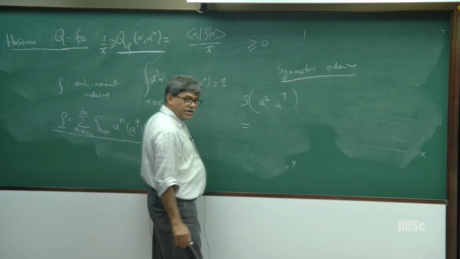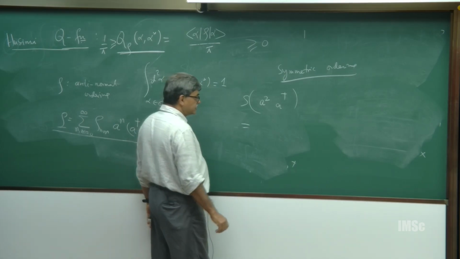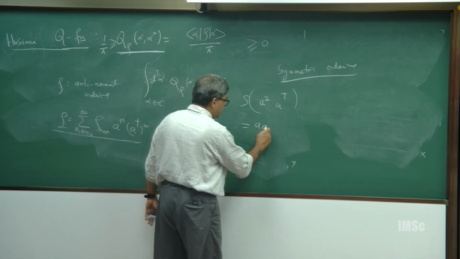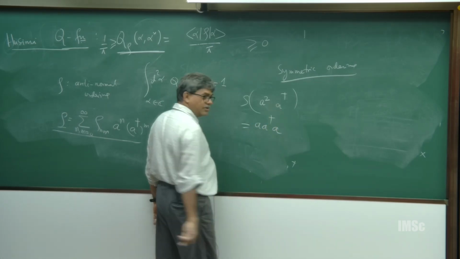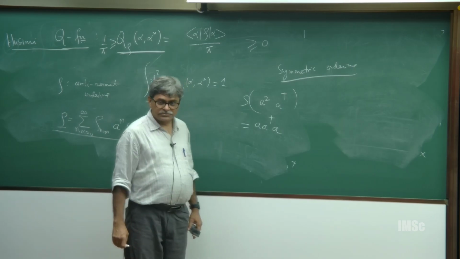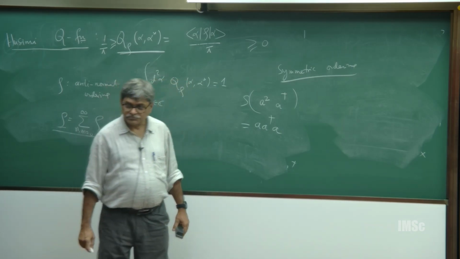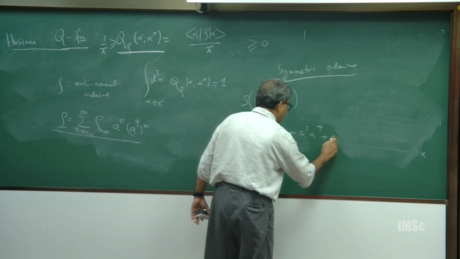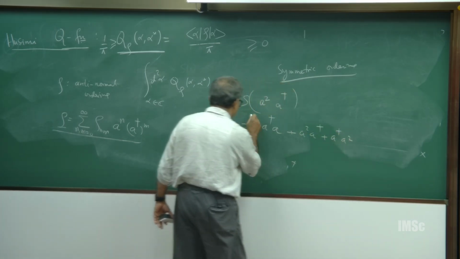I will write it as one third of A square A dagger plus A A dagger A plus A dagger A square.